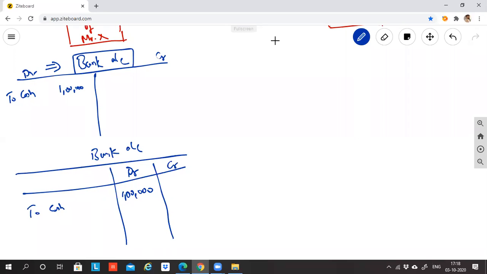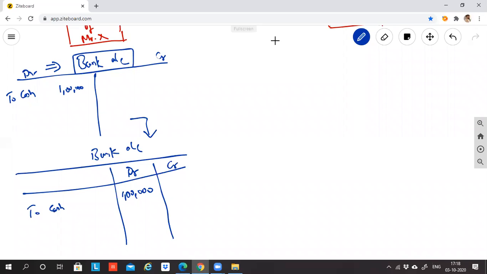If I record 1 lakh in the debit column, can I say it means the same, that 1 lakh cash is deposited in the bank account? Yes or no? Instead of writing in this format, if I write in this format, can I say it means the same? Bank account I'm opening, in that I've recorded to cash 1 lakh rupees on the debit side. It means that 1 lakh rupees cash is deposited in the bank account. Yes or no?